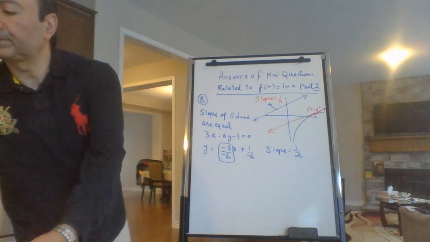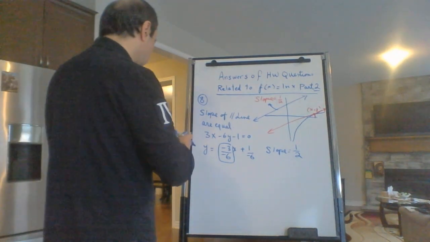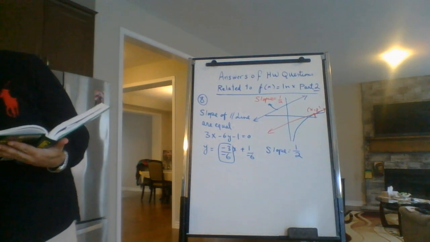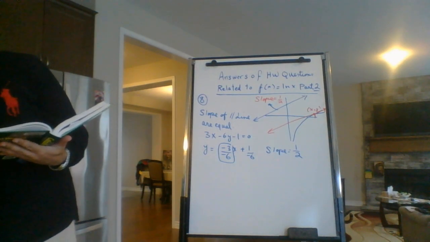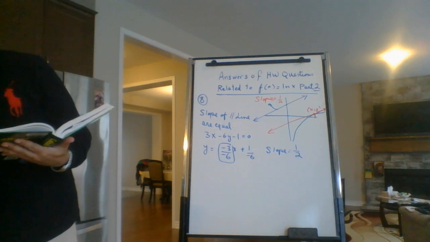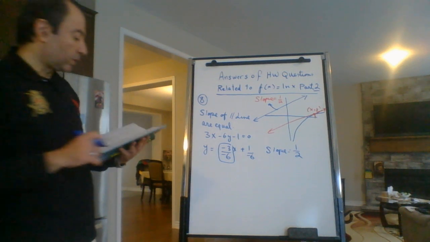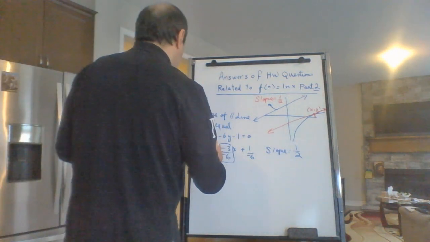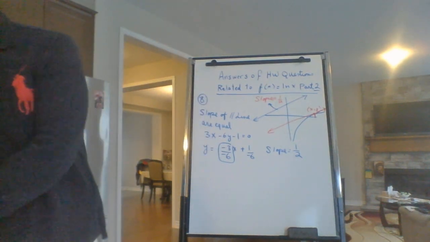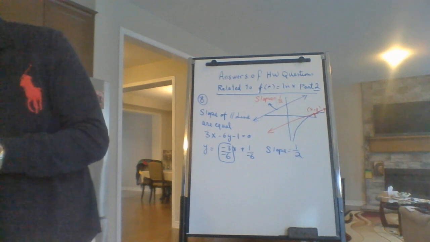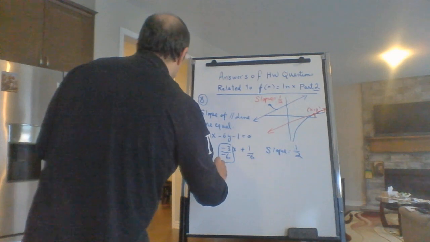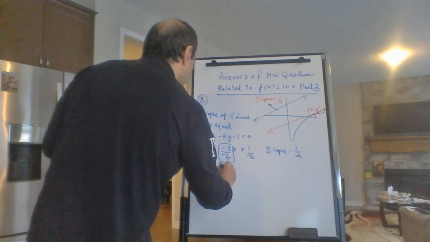So what is the equation of the curve? I will do that in another color. So let's say black. y equals ln x minus 1.